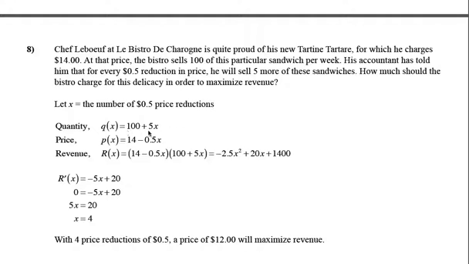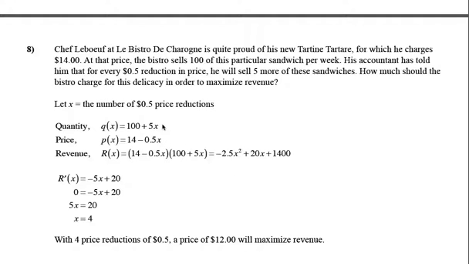So that's where this quantity function comes from, 100 plus 5x. Then for a price, since we are reducing the price, we will have a negative here. The price function is going to be the original price, which is $14, minus 50 cents, the amount of the price reduction, times x, the number of price reductions.